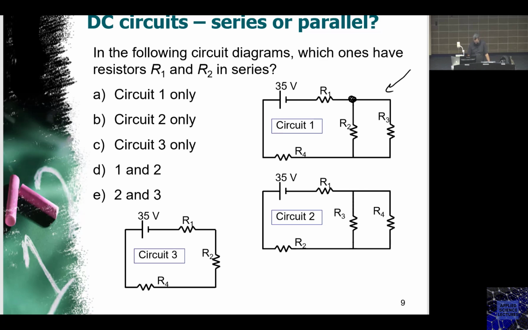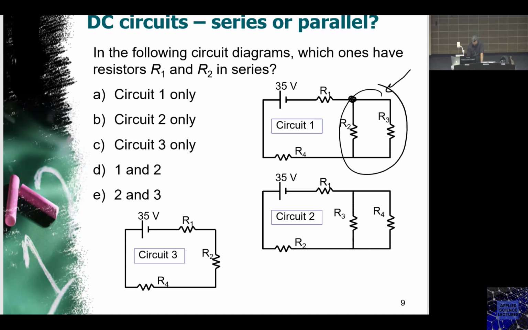But what about the equivalent now of this R2 and R3? This R2 and R3 has an equivalent resistance, right? What about this equivalent resistance of R2 and R3? Is it going to be in series or in parallel with R4? In series. Why?